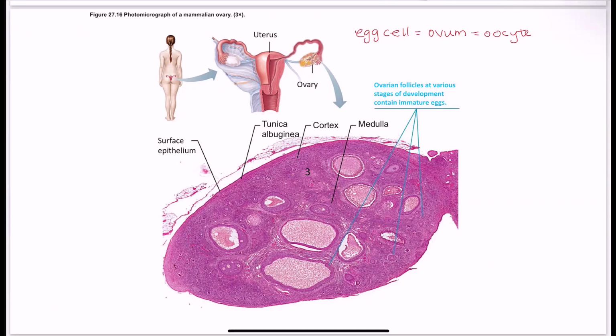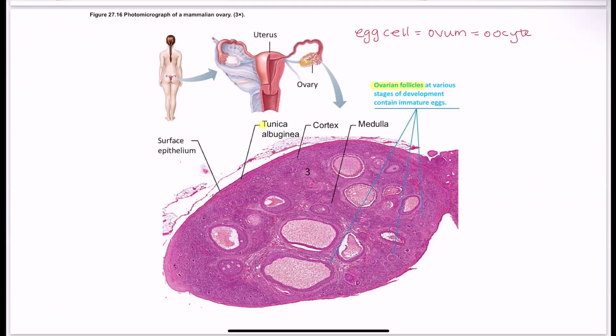So the ovaries have many egg cells that are in various stages of development in little bubbles called follicles. Those are called ovarian follicles at various stages of development. The ovary has an outer tunica, the tunica albuginea.